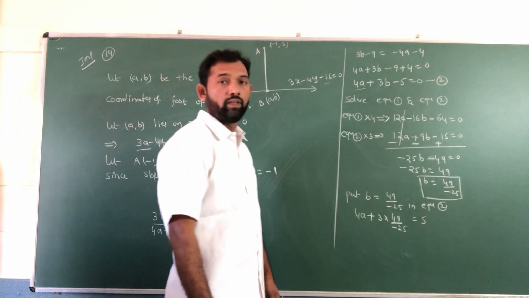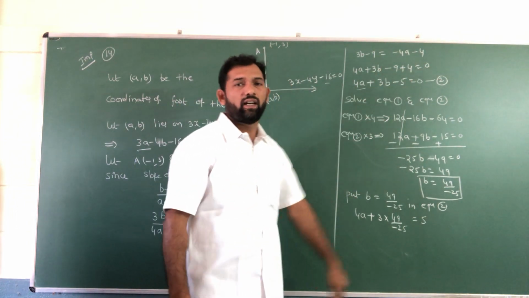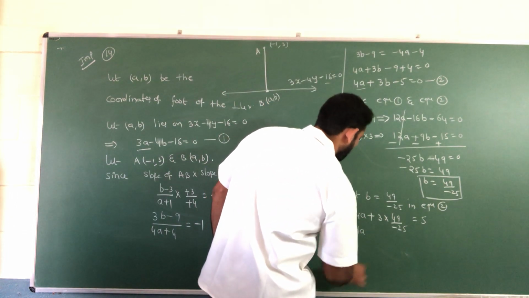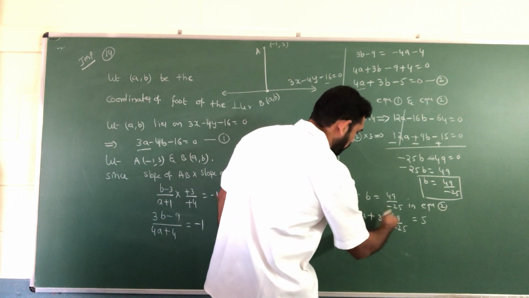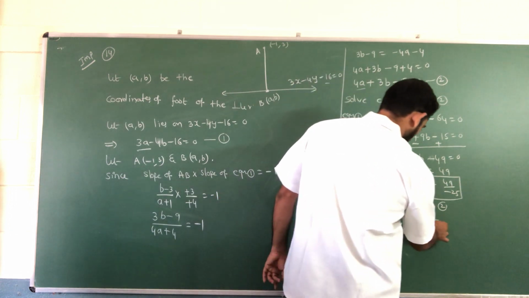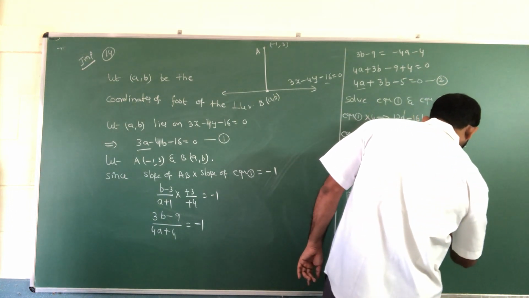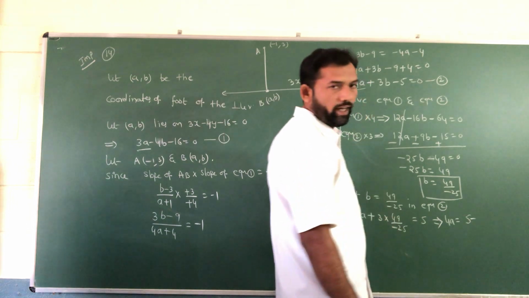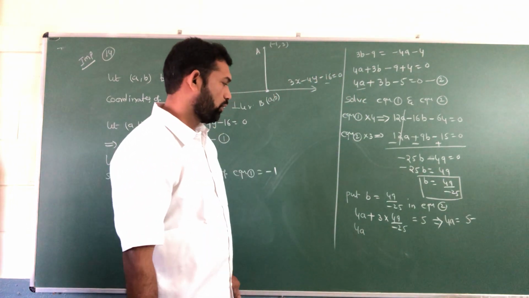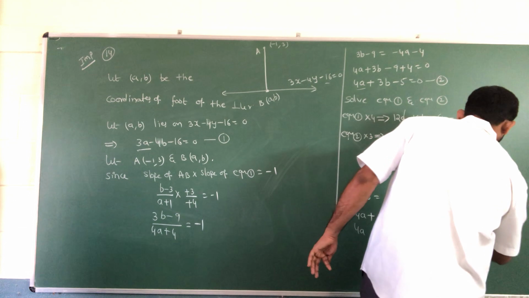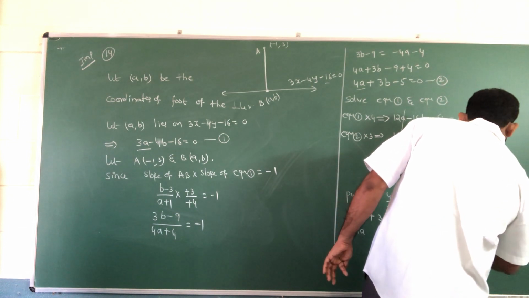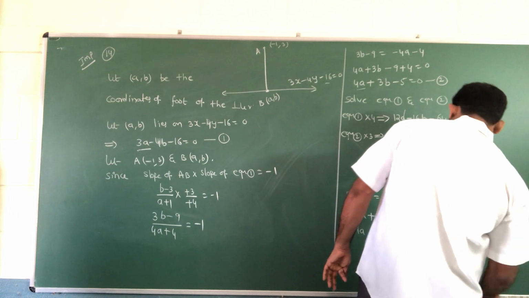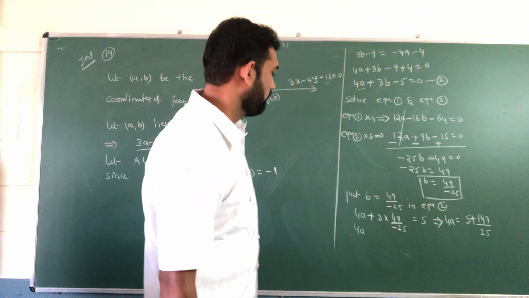So 4a equals the right-hand side, 5 minus 3 into 49 by minus 25, which is 5 plus 147 by 25.